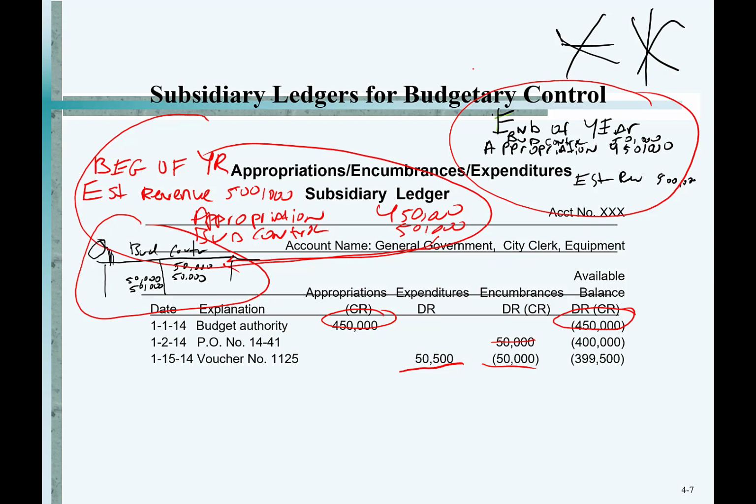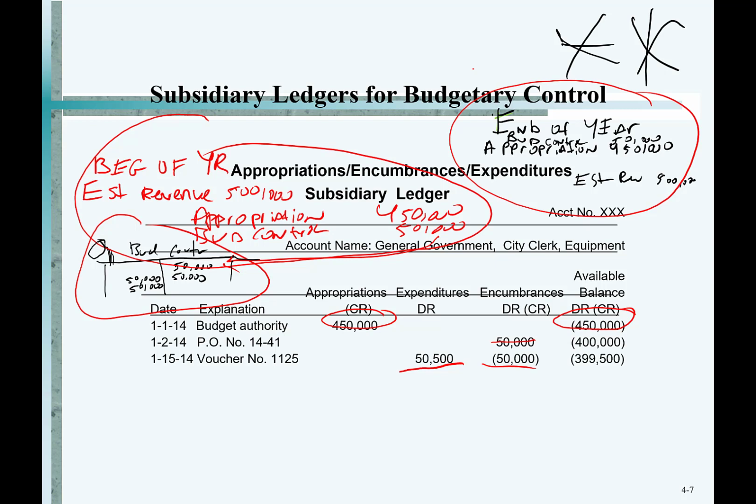I credited budget control, didn't I? For $50,000. And now it's running into my encumbrance. I credited budgetary control for $50,000. When I credited budgetary control for $50,000, I posted that over here.